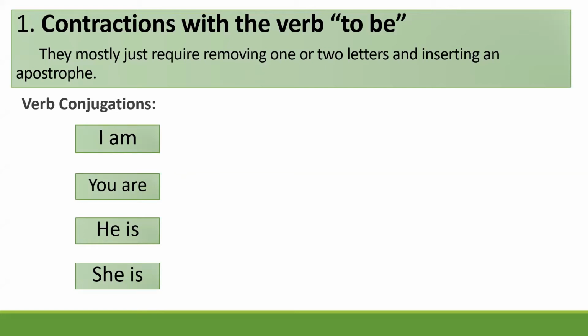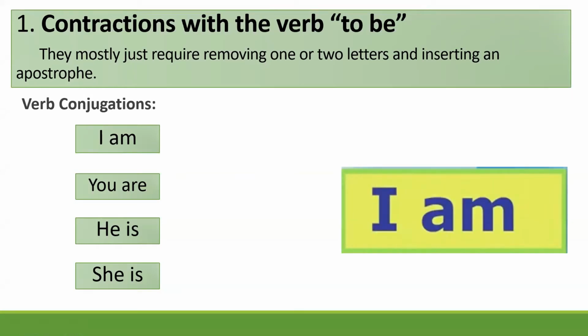Okay, now let's try to contract the phrase I am. To make a contraction in this phrase, we are going to remove the first letter of the second word. Here we have two words, I and am.